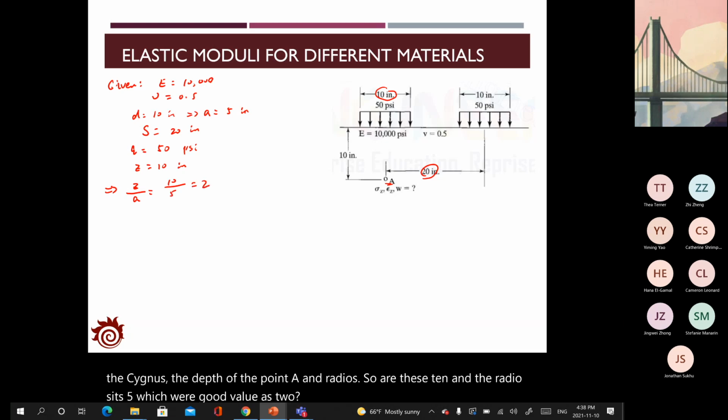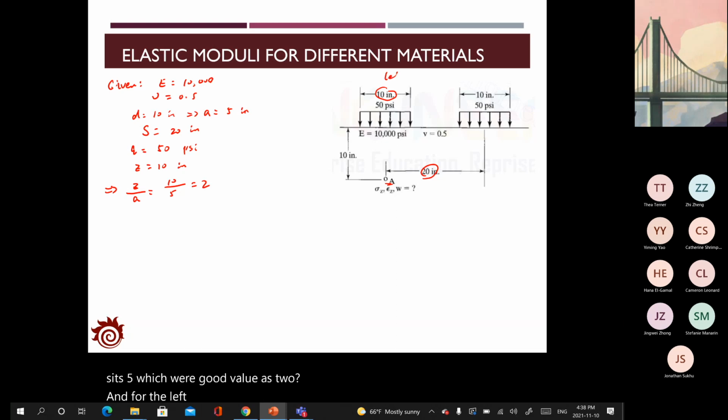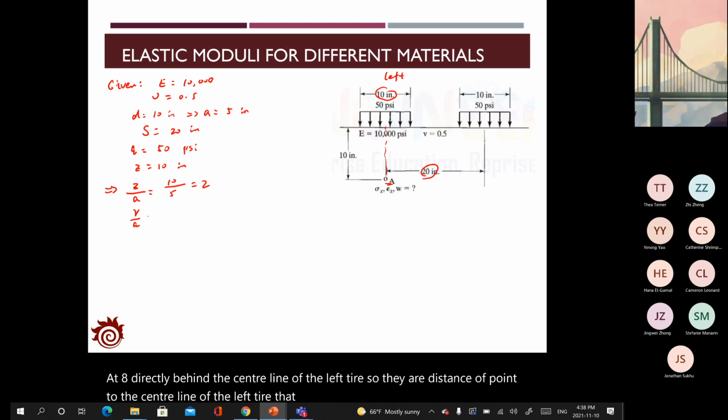And for the left tire, as A is directly behind the center line of the left tire, the distance of point A to the center line of the left tire, that is r over a, should be 0. Here r is the distance from point A to the center line.